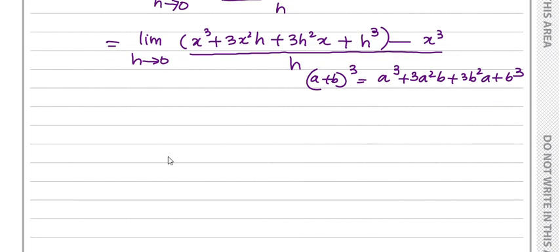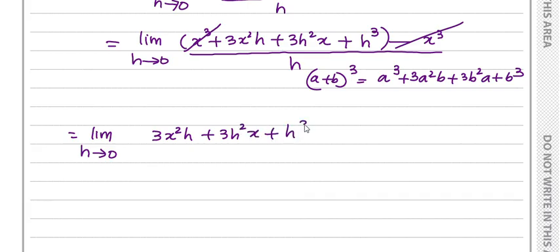Simplifying this, we will be getting limit h tending to 0. Remember to write limit h tending to 0 in every step. Otherwise, mathematically it is incorrect because we are finding the limit. Now, when I expand this, I get this x cubed and the minus x cubed gone. So therefore, 3x square h plus 3h square x plus h cubed all over h.